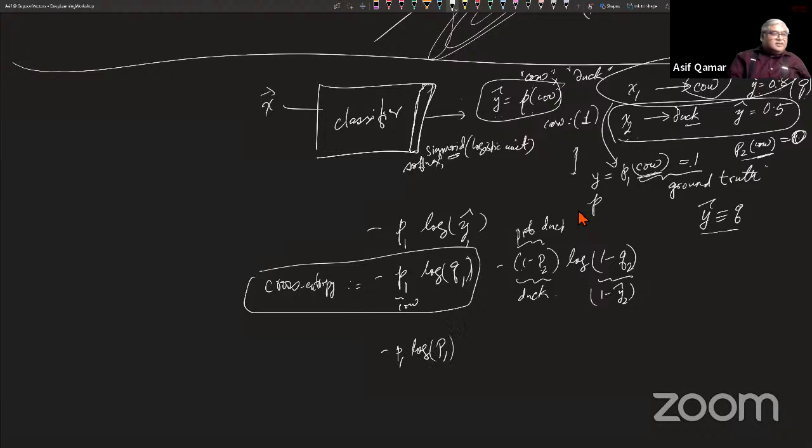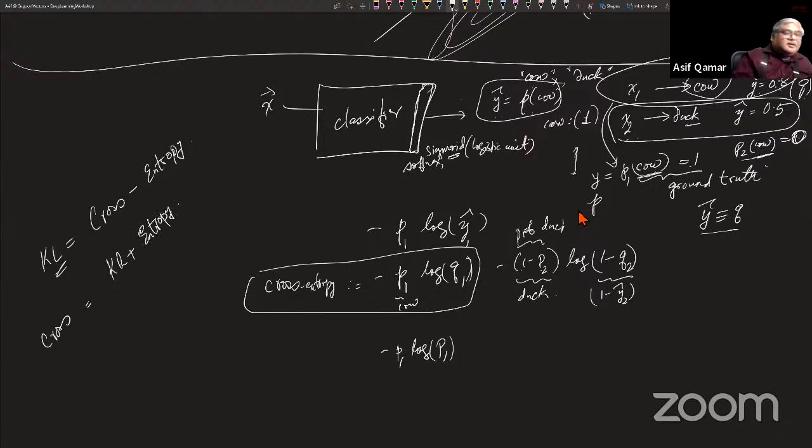So in other words, let's go back to it. KL is equal to cross entropy minus entropy. So think about this: the KL divergence, if you think about it this way, is cross entropy minus entropy. What is KL? KL divergence is always a positive quantity.